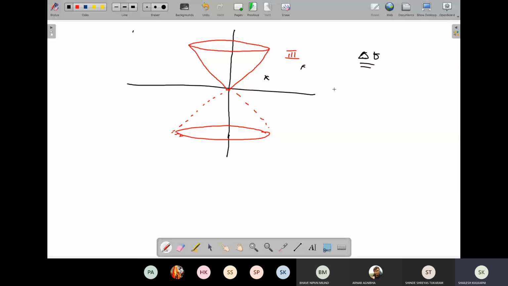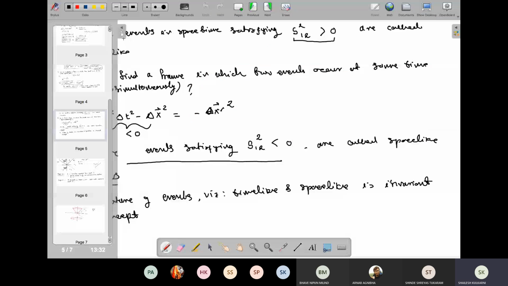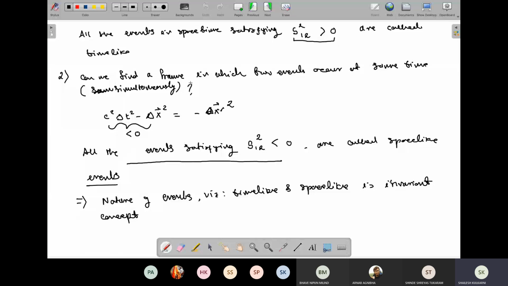This is the question we asked here: can we find a frame in which two events occur at the same time? These events are classified as space-like events.